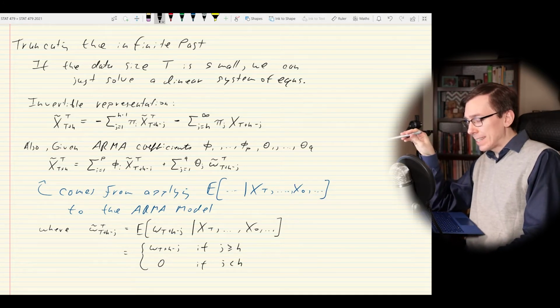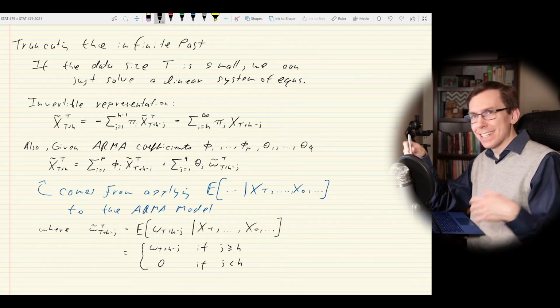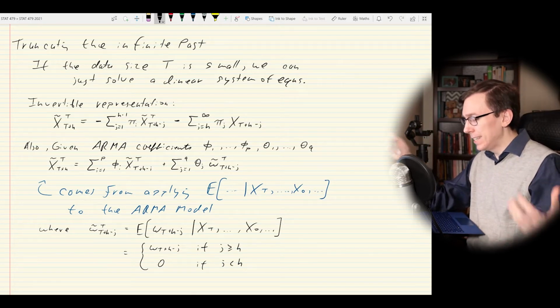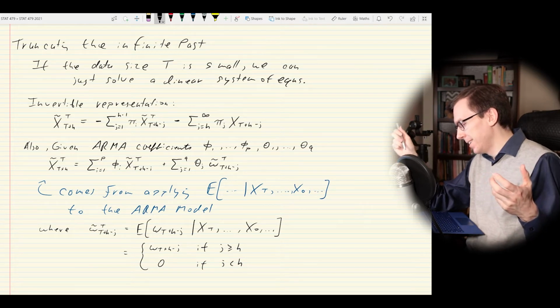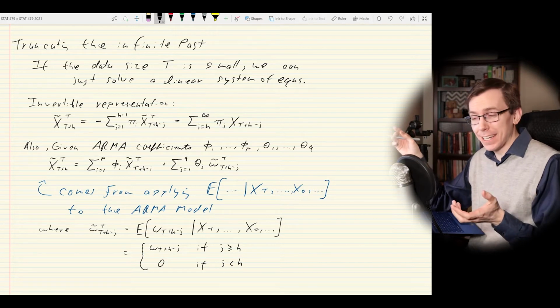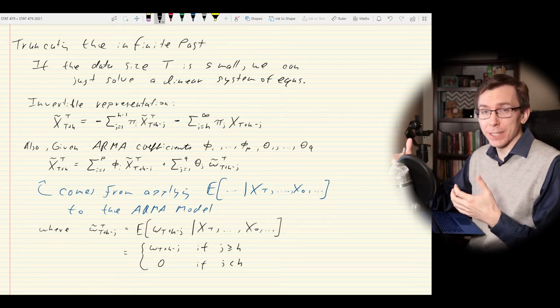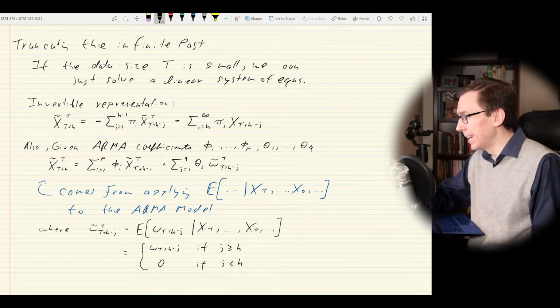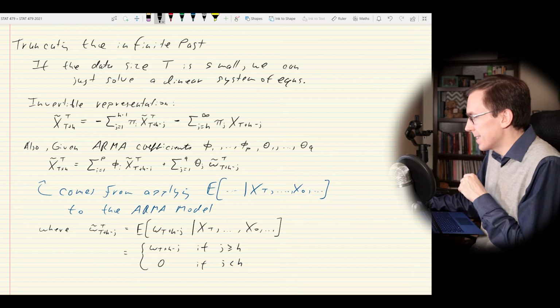Because if j is less than h, then w t plus h minus j lies in the future of our data set. The expected value is 0. If j is greater than or equal to h, w lies within our data set, and the conditional expectation is just the w that we had in the first place. Because again of this one-to-one correspondence between x's and w's.